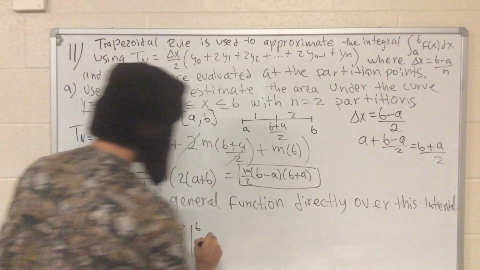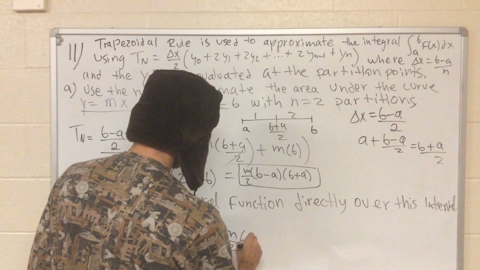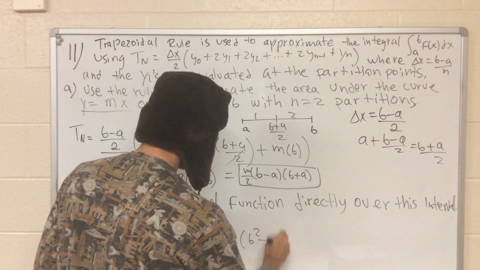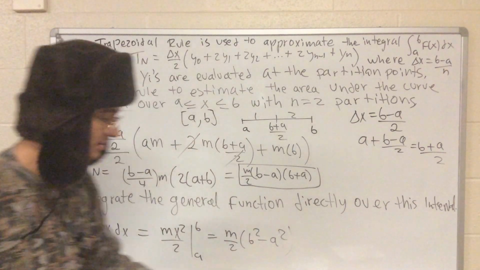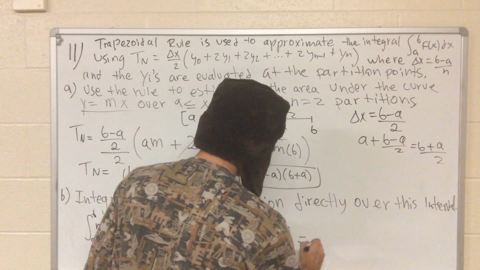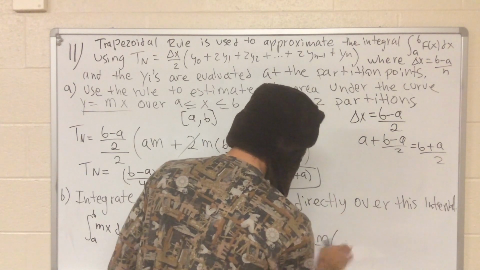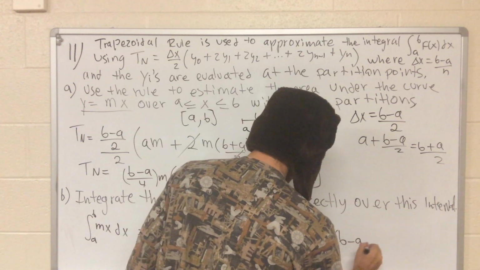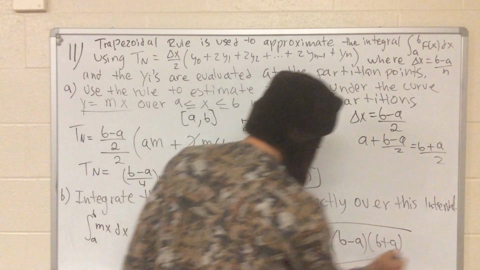And if we just substitute, we're going to have m over 2 times b squared minus a squared. Since this is a difference of two squares, that would just be equal to m over 2 times b minus a times b plus a. And that's the answer for the integral.